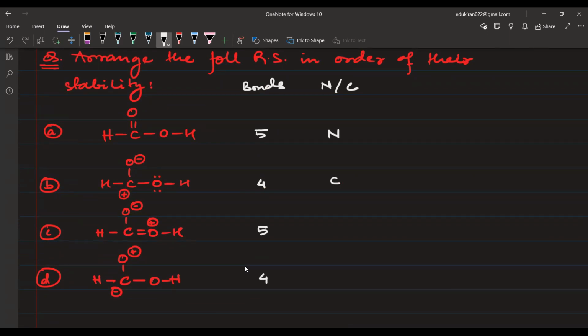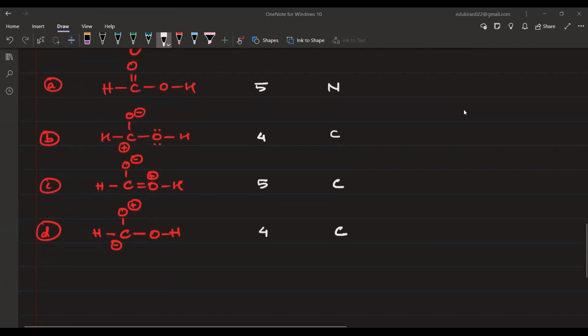C is charged or neutral? देख के बताइए. अरे पॉजिटिव नेगेटिव चार्ज दिख रहा है या नहीं दिख रहा है? Charged. And D structure is also charged. So on the basis of the first two rules only, we can say A is most stable. Can I say that? Yes or no? Yes, sir. A is most stable. ठीक है.